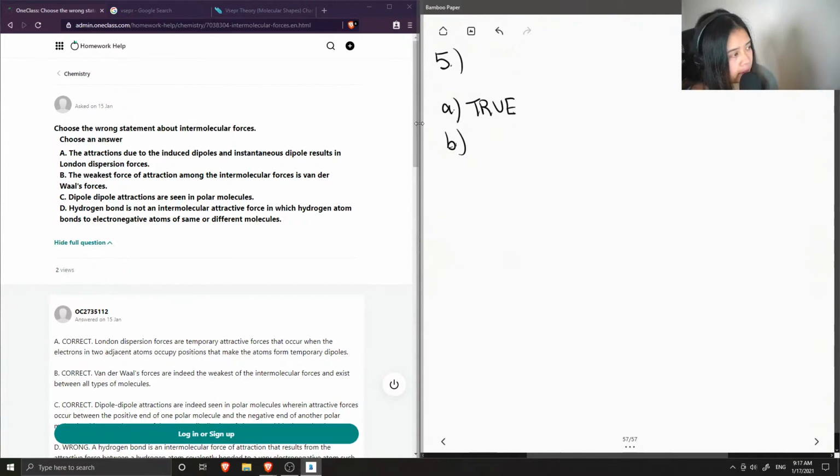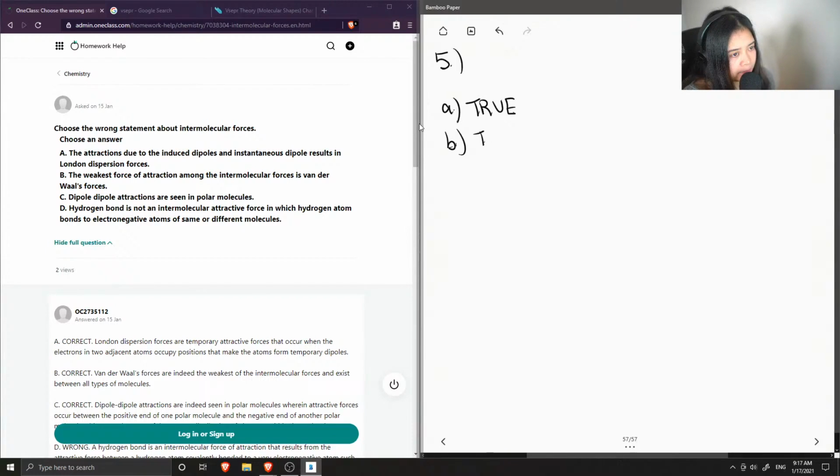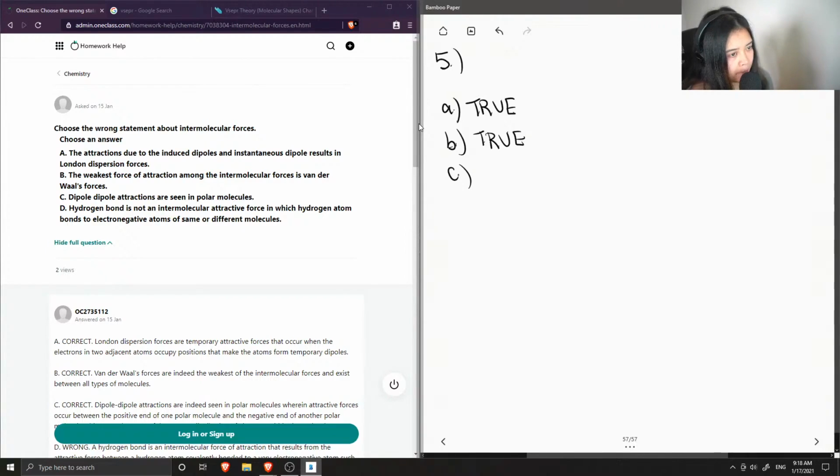The weakest force of attraction among the intermolecular forces is van der Waals forces. So this is true as well. C. Dipole-dipole attractions are seen in polar molecules. So this is true.